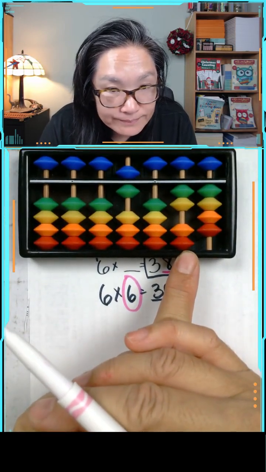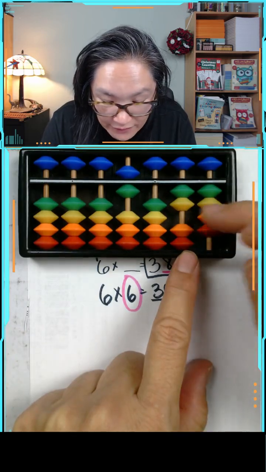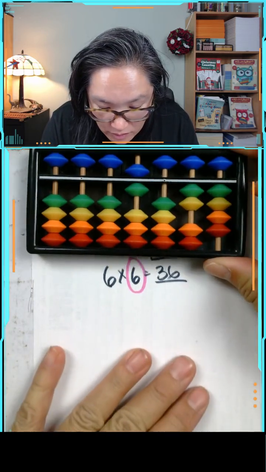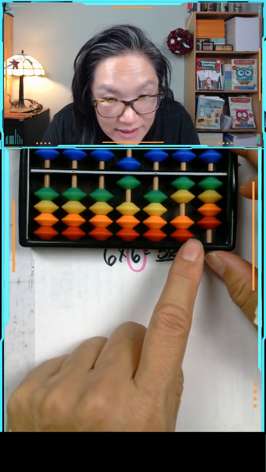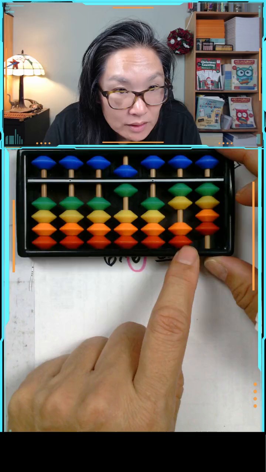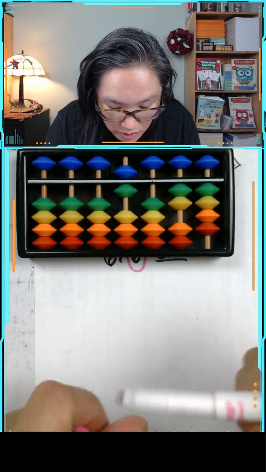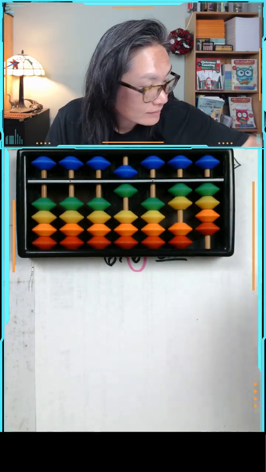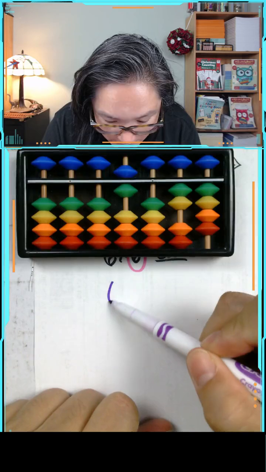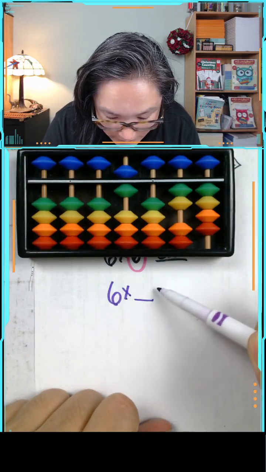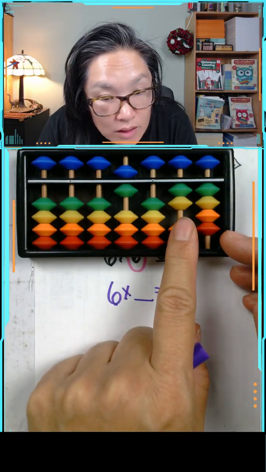Now what? I still have dividends. Still only compare one number. This is the number I'm going to use. So my question is what? 6 times what is equal to what number?